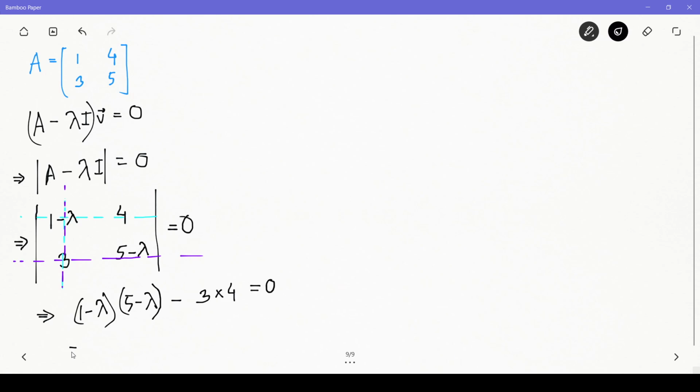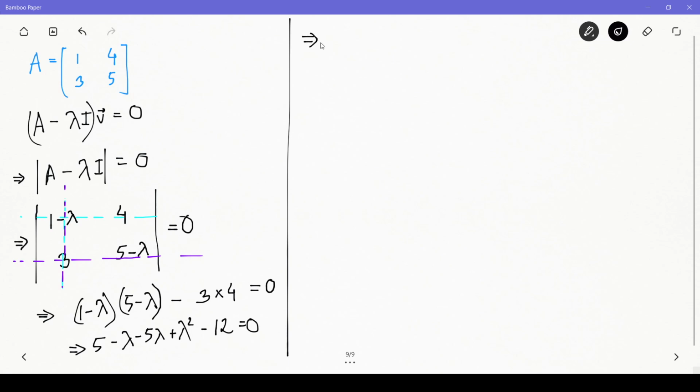Okay, so let's try to expand it a bit further. We have 5 minus lambda minus 5 lambda and minus minus plus lambda square, right? Then we have 3 fours are 12, which is equal to 0. Whatever we have remaining is lambda square.